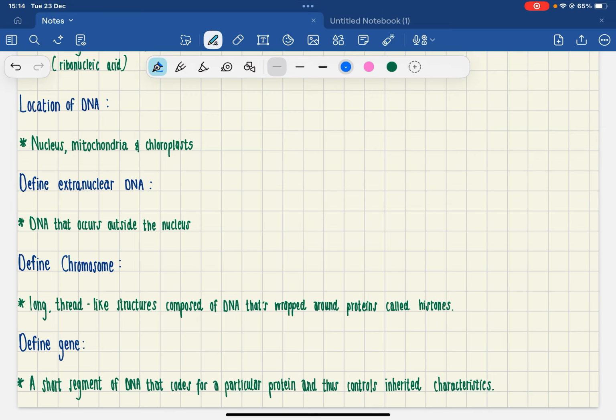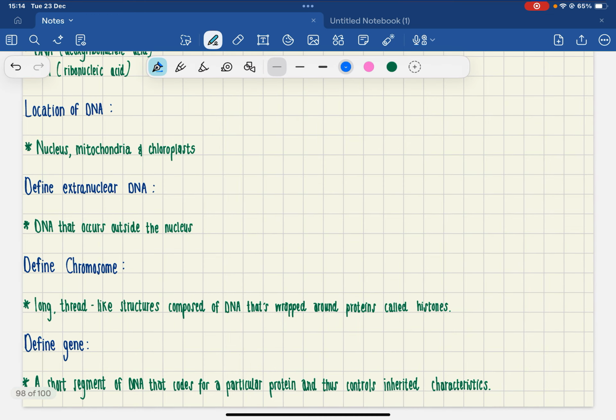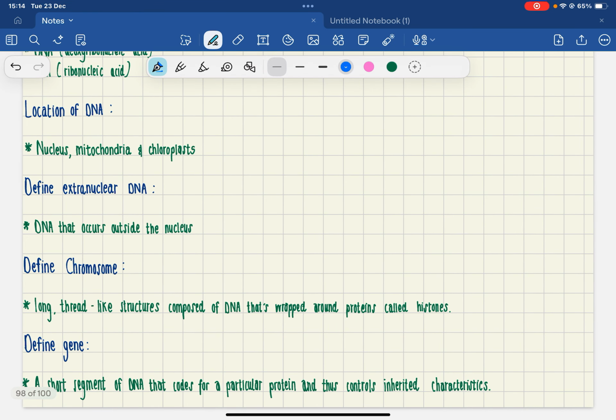Now, boys and girls, in the DNA code of life, we're going to look at what we call a gene. Now, we all know genes. There's a gene for skin color, there's a gene for eye color, there's a gene for height, there's a gene for race. Now, what is a gene, boys and girls? A gene is a short segment of DNA that codes for a particular protein and thus controls the inherited characteristics.